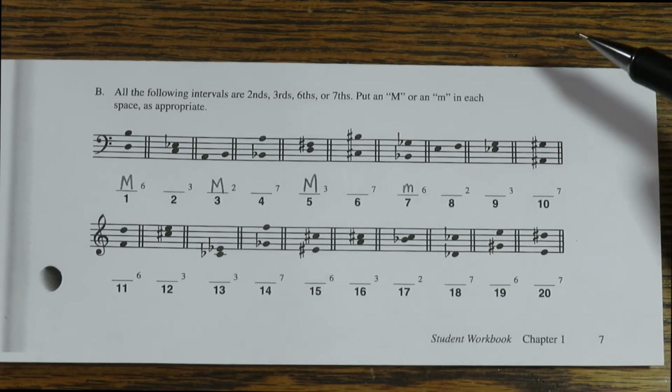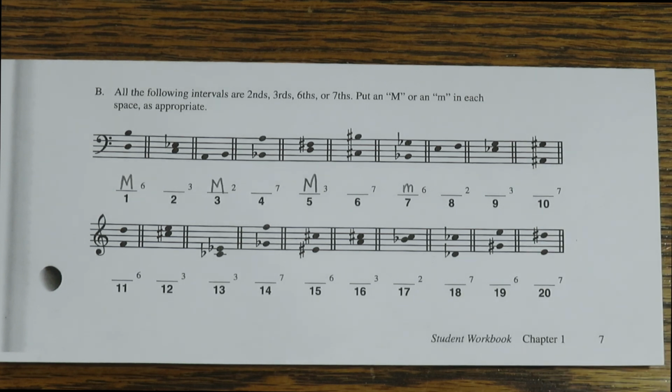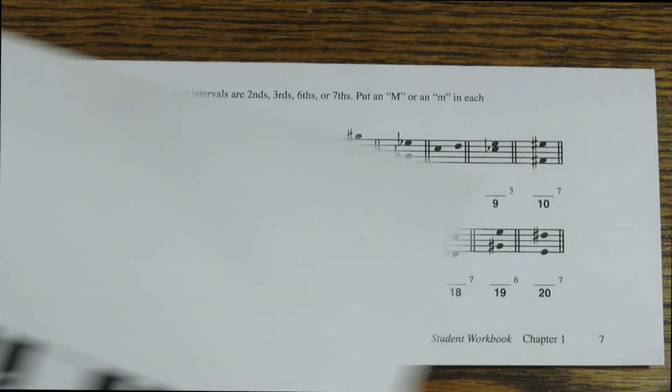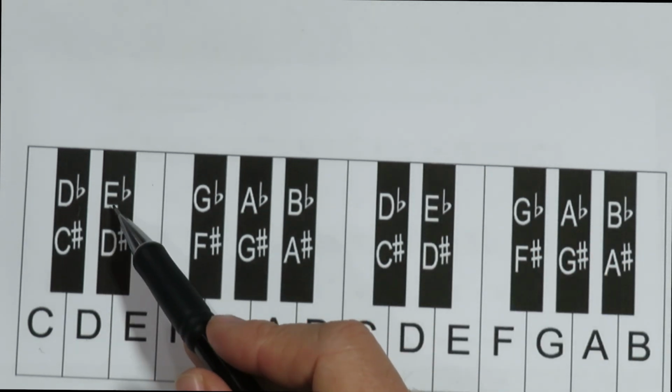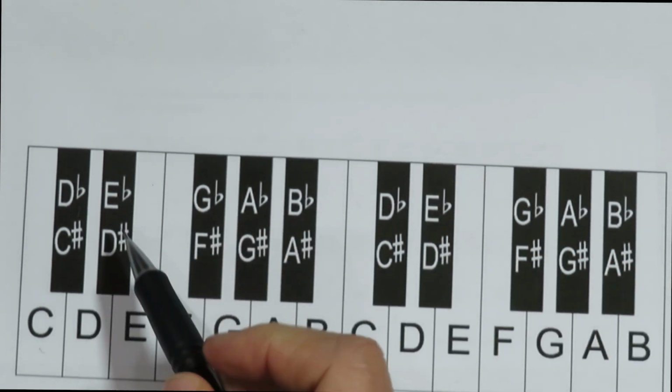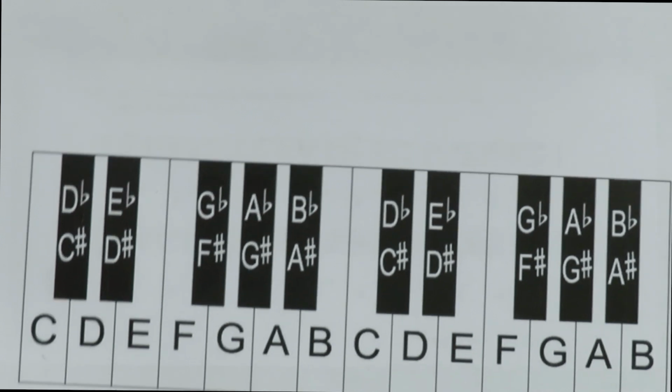All right. So E flat to G. All right. E flat major has three flats, E flat, A flat, B flat. Whole, whole. It's part of the major scale. All right.